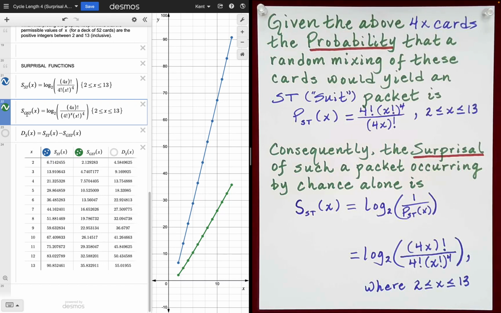And since we've done this for the entire deck, we can go all the way down to an X value of 13. Remember, X here represents how many we have of each of the 4 suits, which we have 13 of them. So if we come over here, we see a Surprisal value of 35, almost 36 bits. What does that mean again?